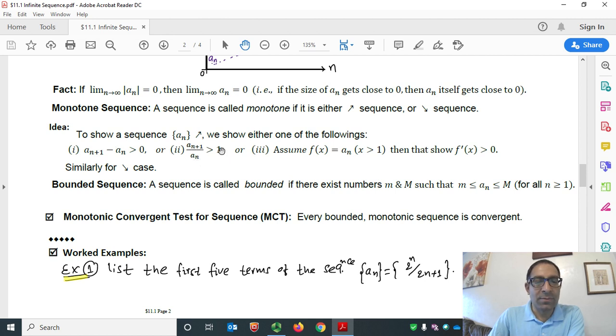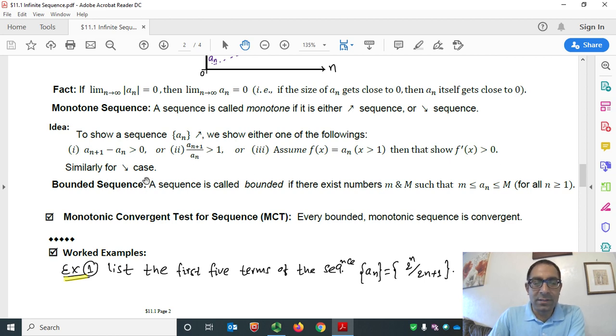You just cross multiply and bring this to the left. Or assume a function f(x) equals a of x when x is greater than 1, using the underlying function test, then show that the derivative is positive to show the sequence is increasing.